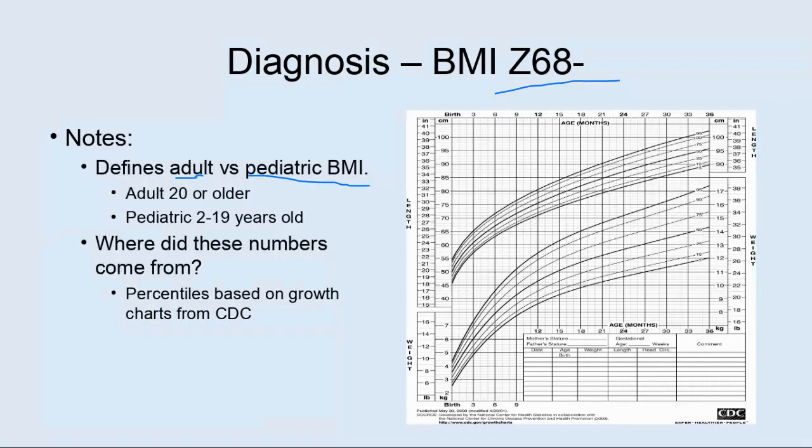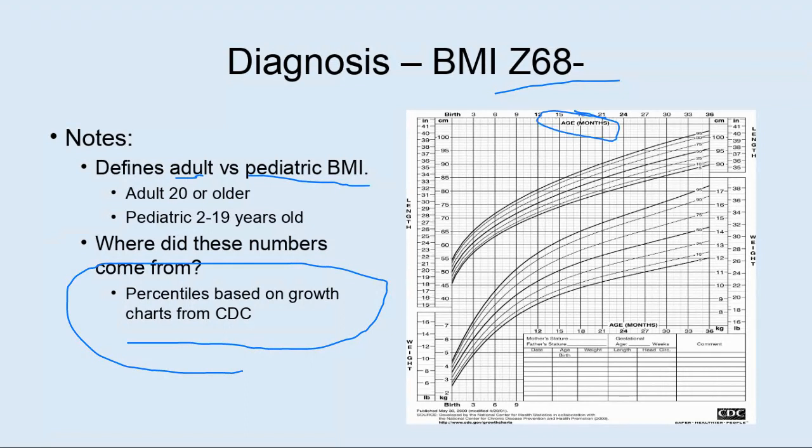It also tells you where these numbers came from, and they're based on the growth charts from the Centers for Disease Control. If you have kids, you've probably seen this chart, and here is the age up here, and this is the weight down here. So this gives you the average weight, and they say your kid's too thin, your kid's just right, your kid's too fat, whatever. So this probably looks familiar to you.